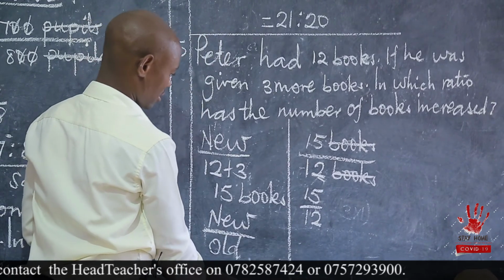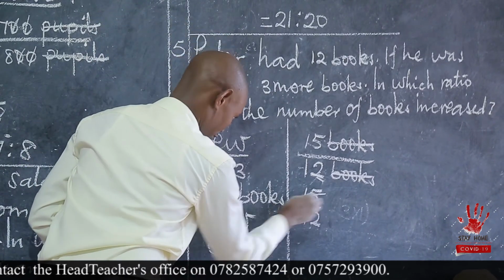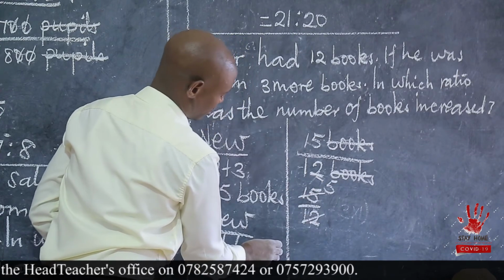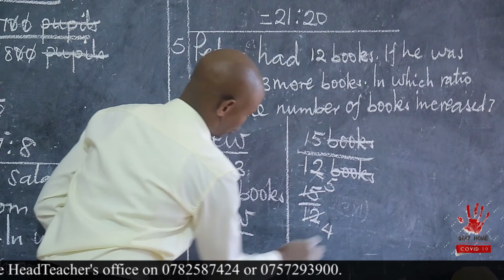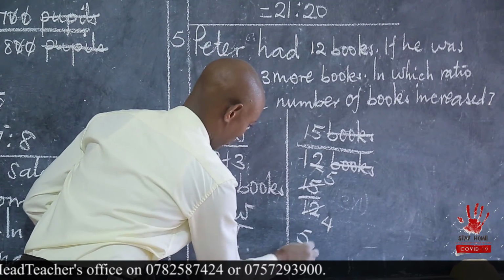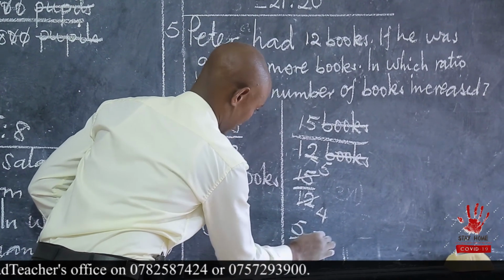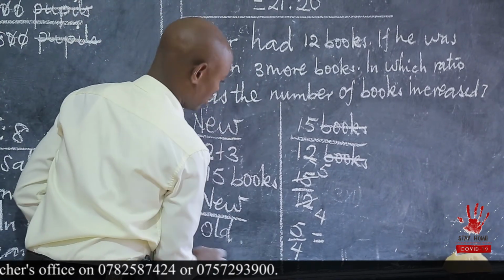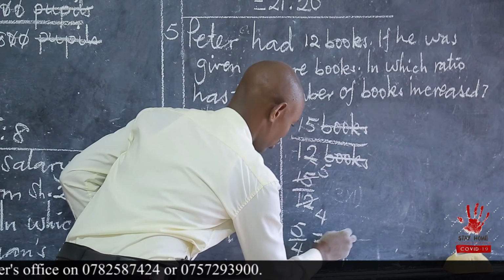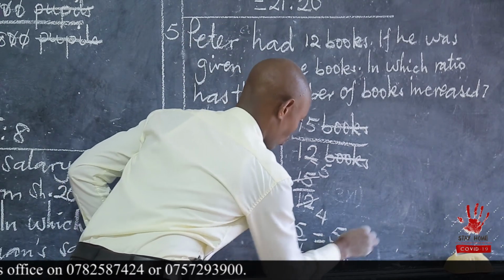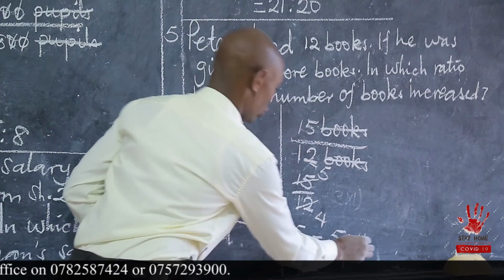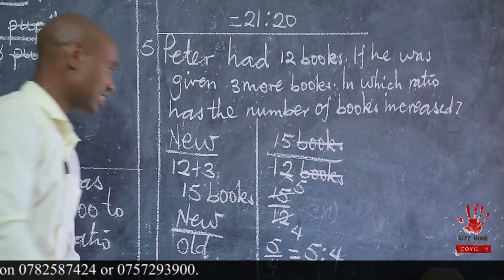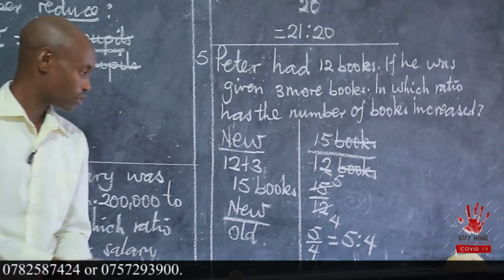We have 3. So 15 divided by 3, we get 5. 12 divided by 3, we are getting 4. So we are getting 5 out of 4. But the question is, in which ratio? How do we write 5 out of 4 in ratio form? It is going to be 5 to 4. So it means the number of books was increased in the ratio of 5 to 4.